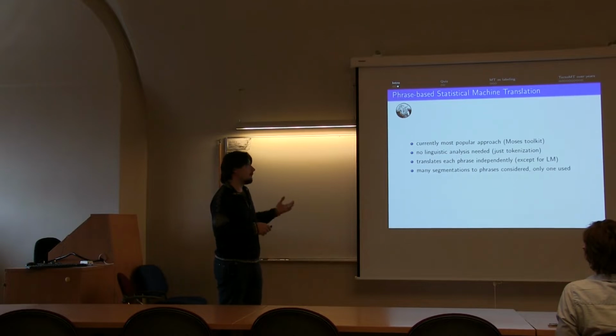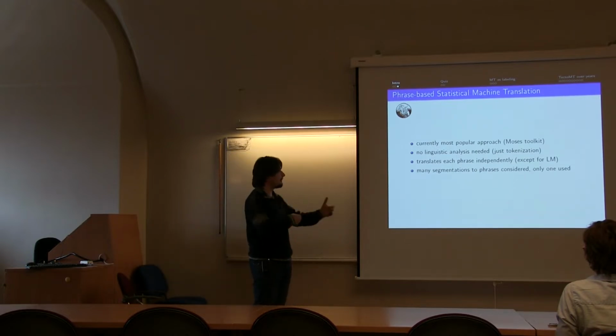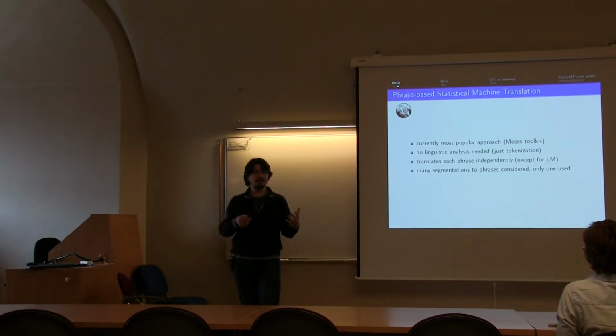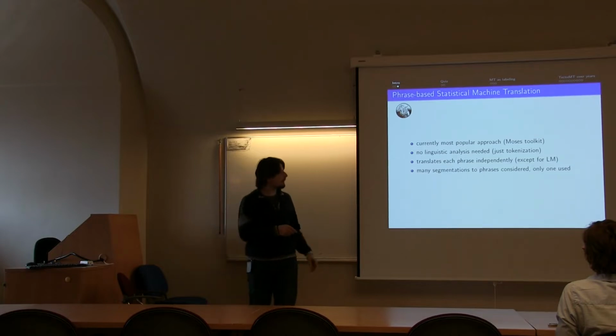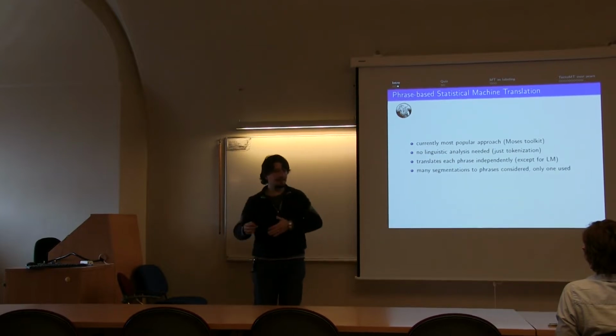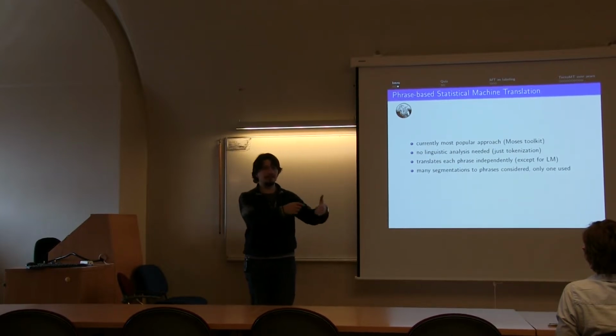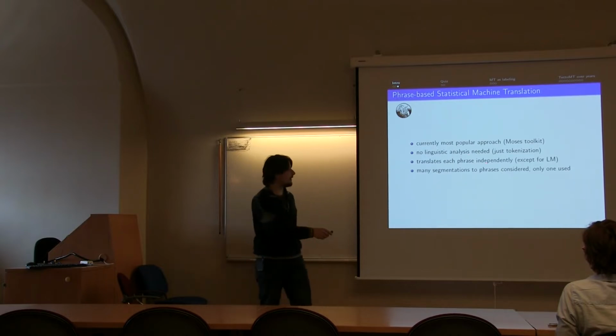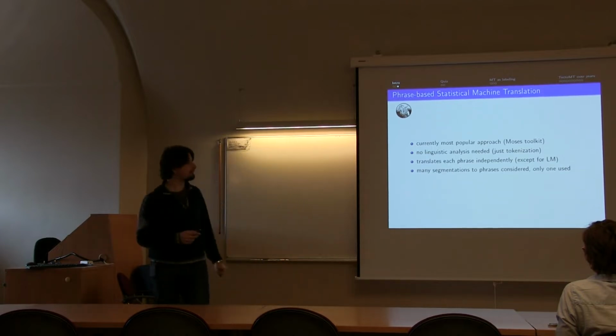And actually, virtually all those possible segmentations are considered, or it's a search task, so the phrases can be overlapping. But in the end, only one segmentation of non-overlapping phrases is selected for the source sentence, and these phrases are translated. So the final score or probability of the translation is based only on the one segmentation in Moses.